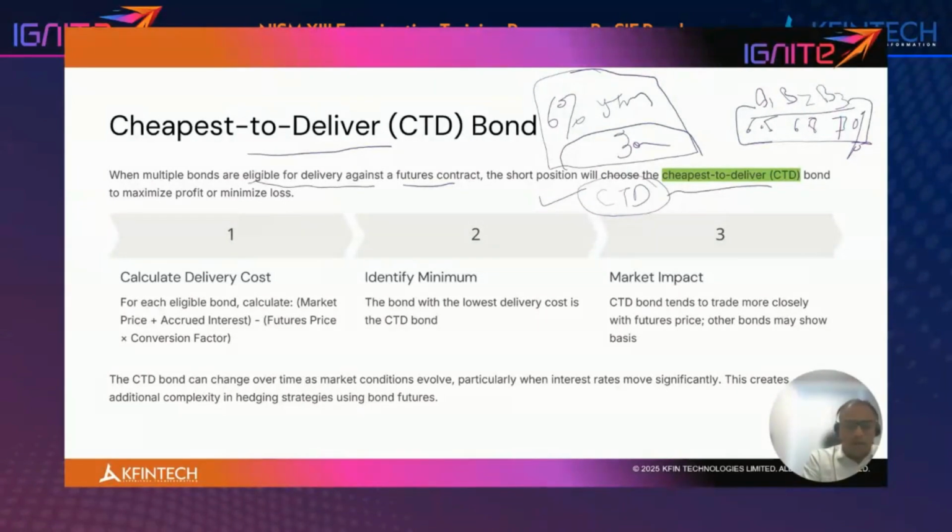Now for each eligible bond, the calculation will happen like this. The market price plus accrued interest, say market price is 100.95 plus accrued interest 0.05 for example, minus the futures price into the conversion factor. This is the delivery cost.